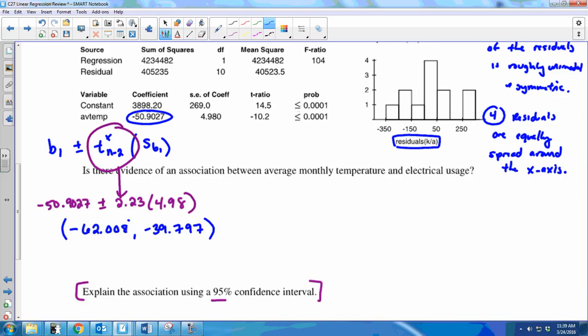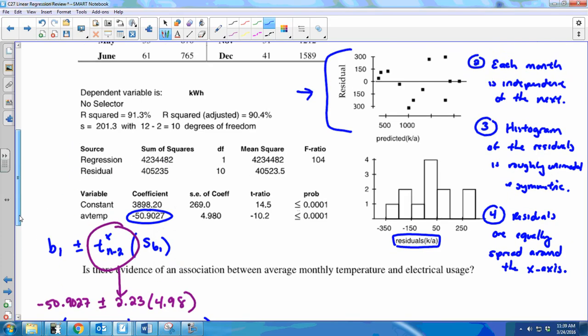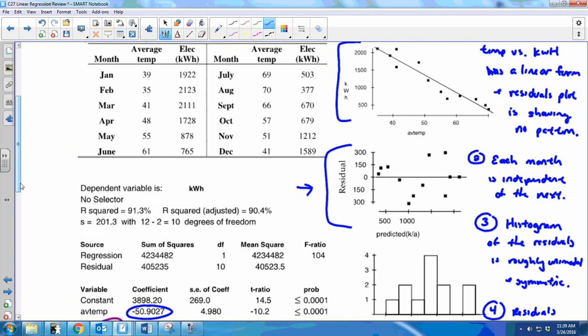What do you write? Increase in average temperature. Kilowatt hours. Decrease. Right. So for every 1 degree increase in average temperature, your electrical usage decreases by 50.9 kilowatt hours.